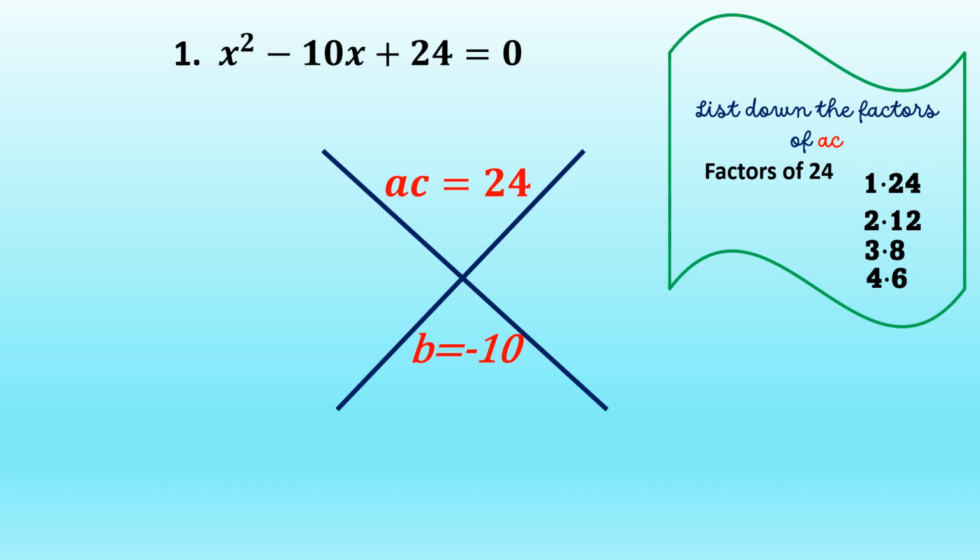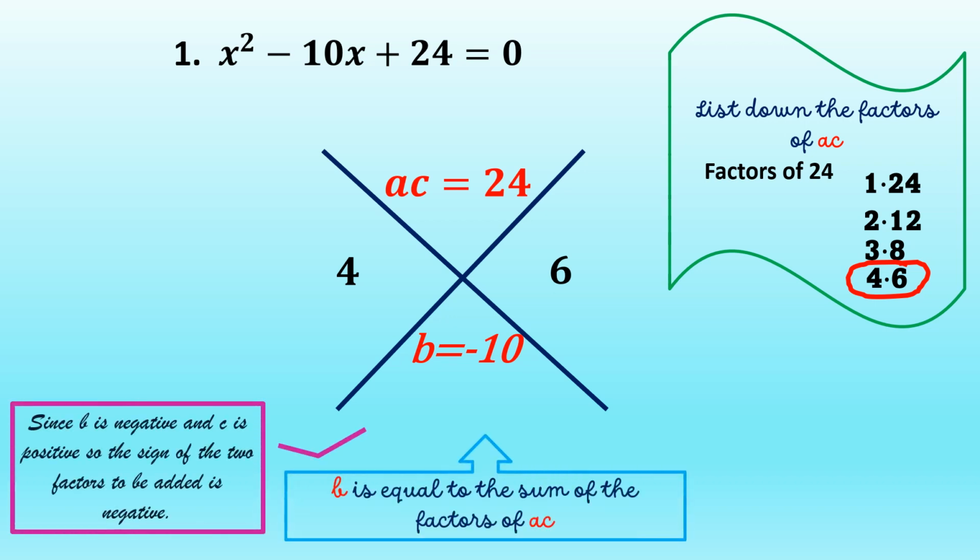Which pair of factors would have a sum of 10? It's 4 and 6. Okay, we write there 4 and 6 on the left side and right side of our X. Since b is negative and c is positive, the sign of the two factors to be added is negative.